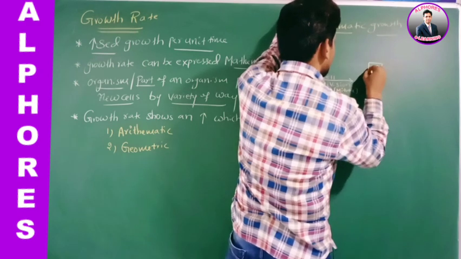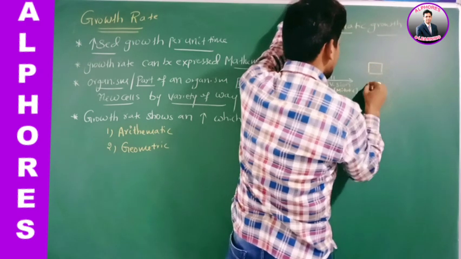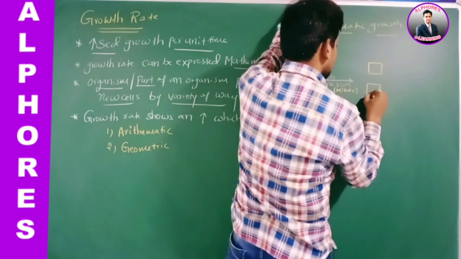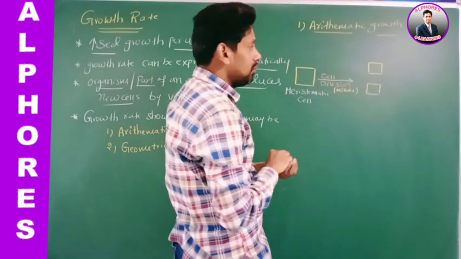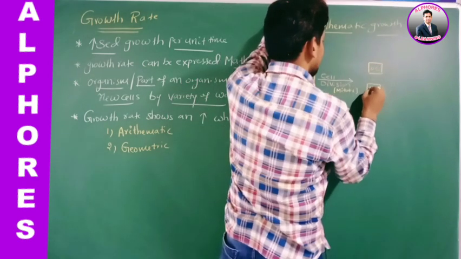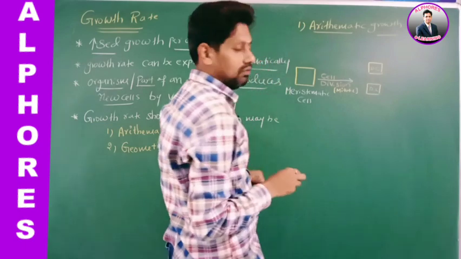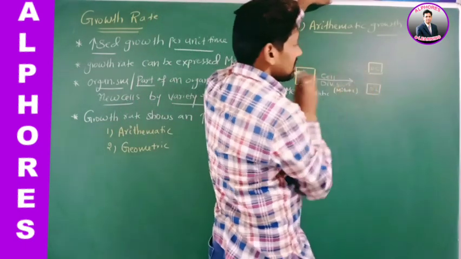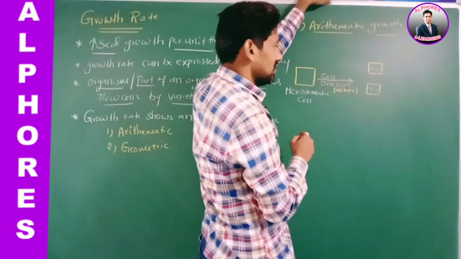I am indicating daughter cell with DC. Therefore, this is a daughter cell, and this is also a daughter cell. Now, listen to this statement.